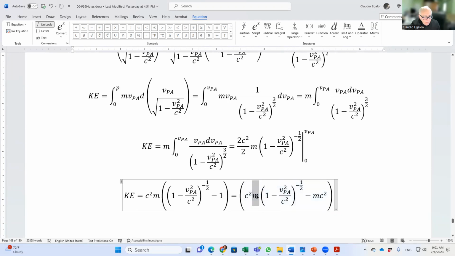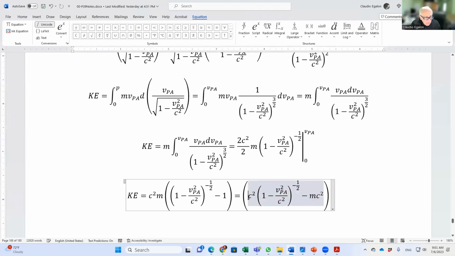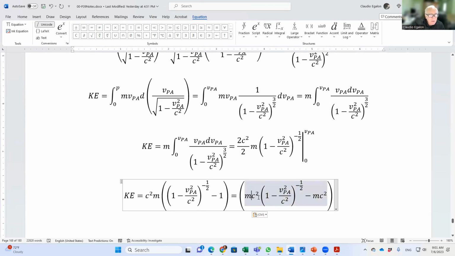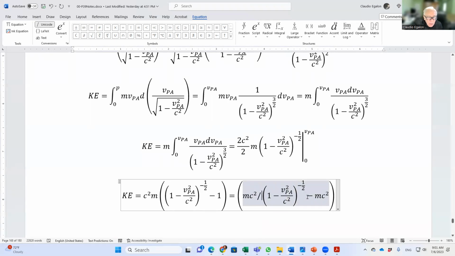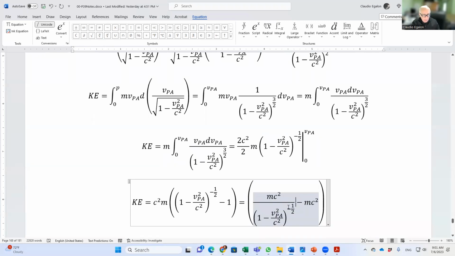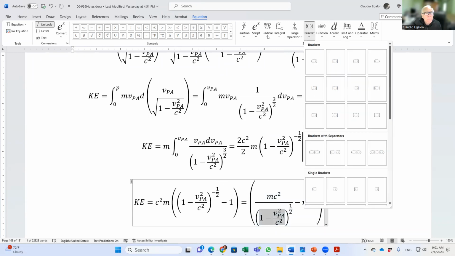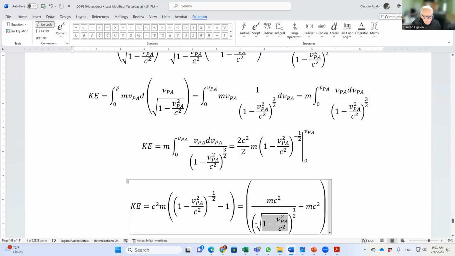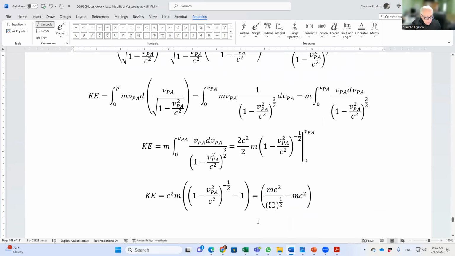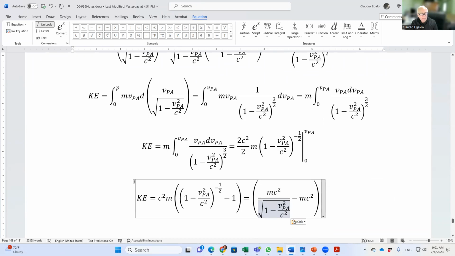Einstein's famous equation, right? MC squared. So we have an MC squared term here in this equation. And I'm going to put a square root here. Okay.